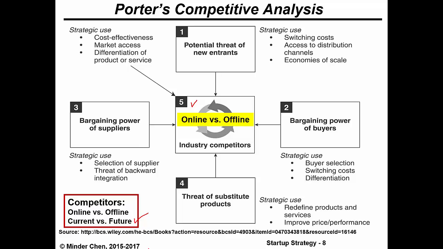Let's look at the other competing forces. You can call them competitors as well. One is new entrants. That's the future competitor concept. The threat of new entrants could be someone from a totally different industry, such as Apple. The iPod is a music player device.